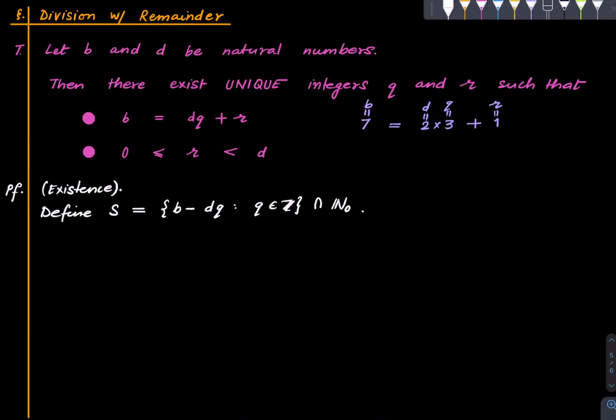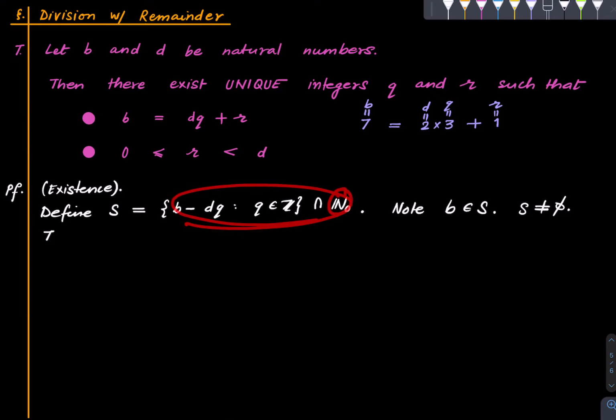And note that B is a member of S, because if you take Q equal to 0, clearly then B is what you get here, and B is non-negative, so it is here and hence in S. So in particular, S is non-empty. So we have a non-empty subset of the set of whole numbers. Clearly this is a subset of whole numbers because you've intersected with whole numbers.